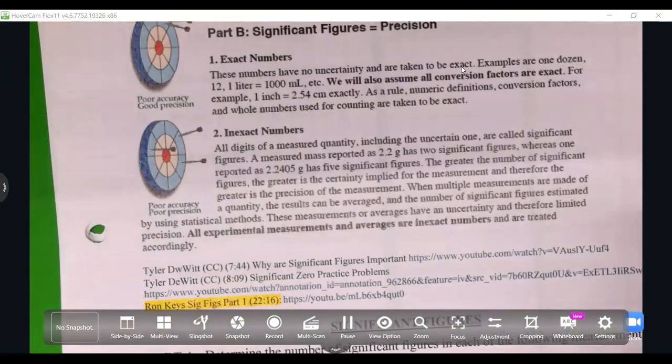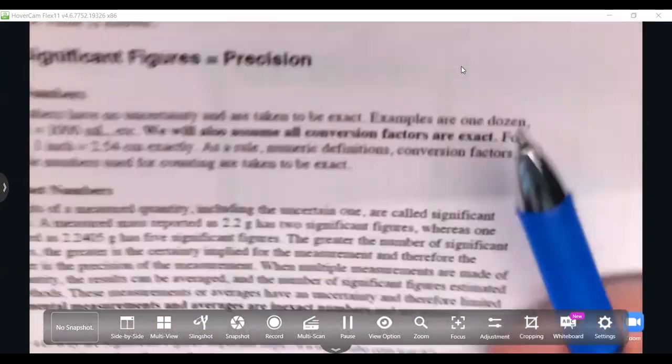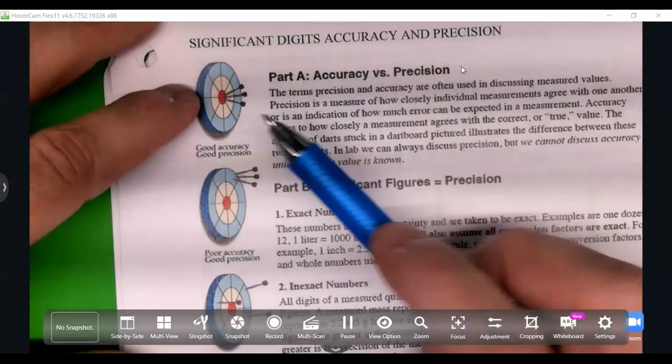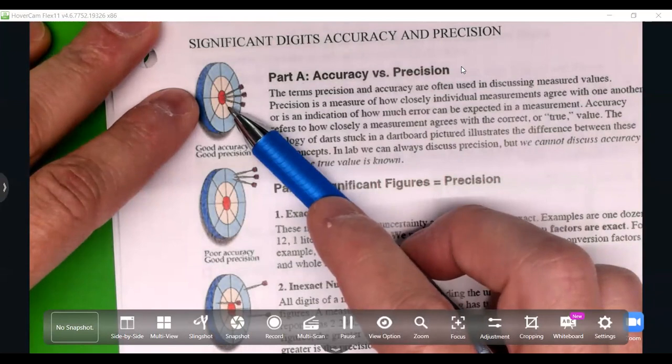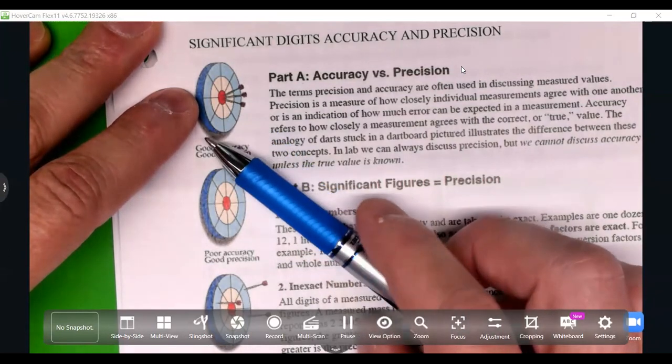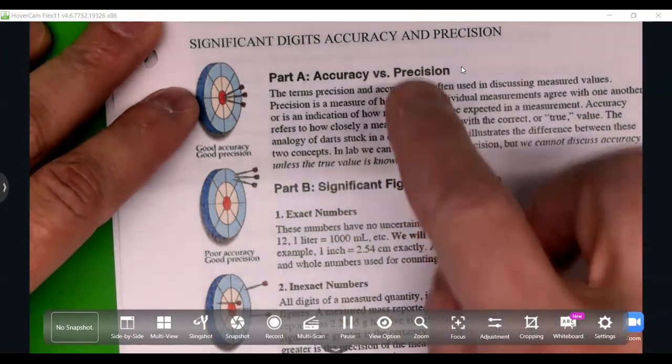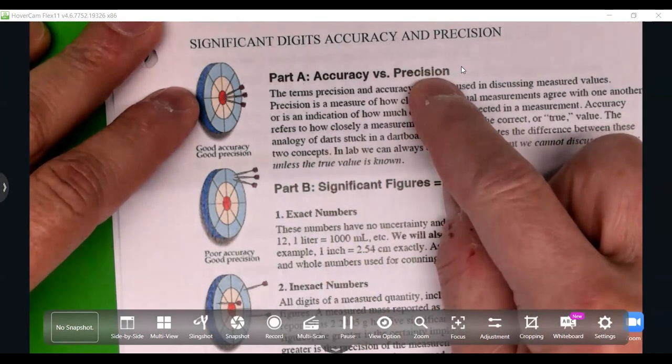Now, we have to talk about Sig Figs, of course. First of all, let's talk about a little bit of accuracy and precision. Here, you're accurate because you're hitting the target and you are precise. Now, there's 2 ways to look at precision. One of them is this.